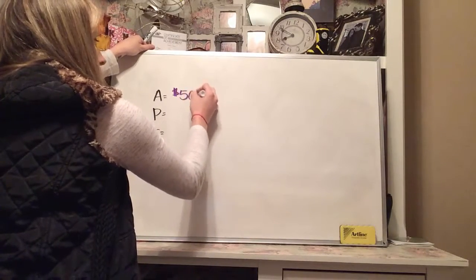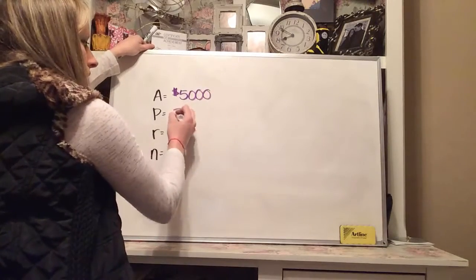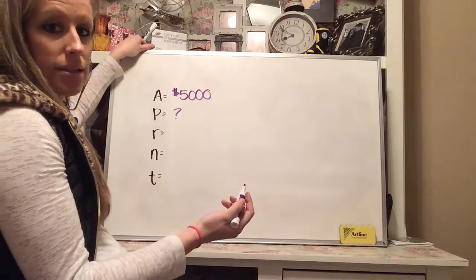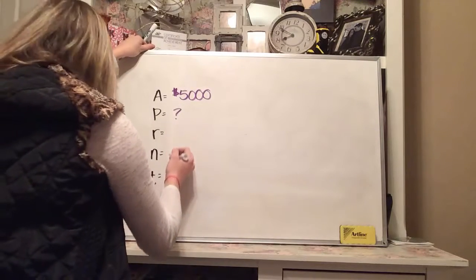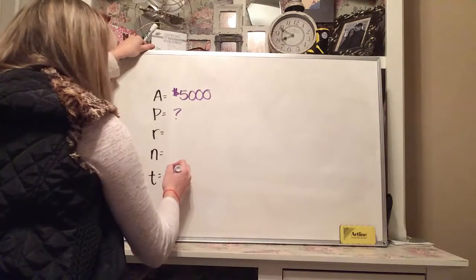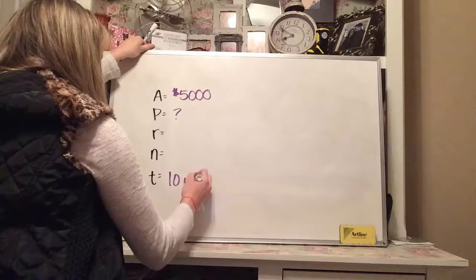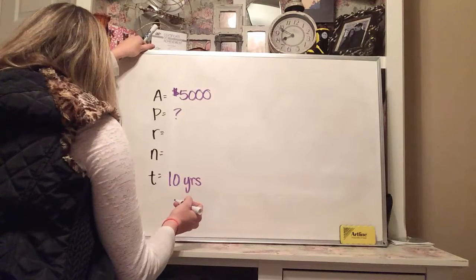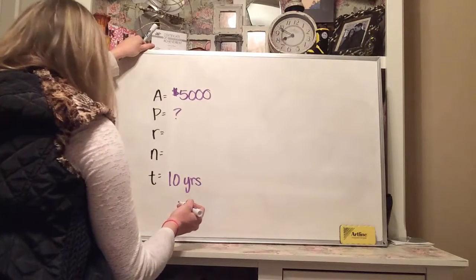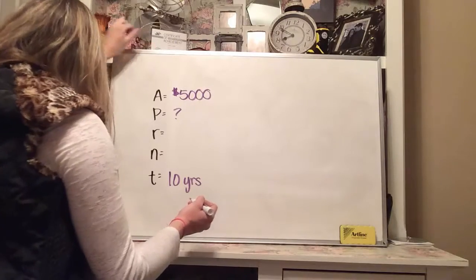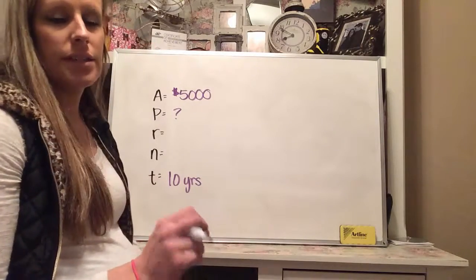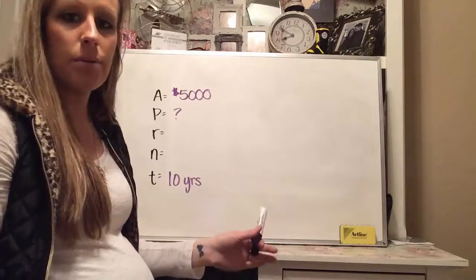We don't know how much she needs to put in to get that amount. That's what it's asking you to find. The time would be 10 years. Now, this number 2 is based off the last problem we did.